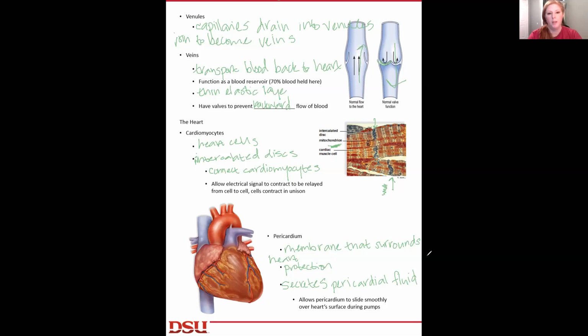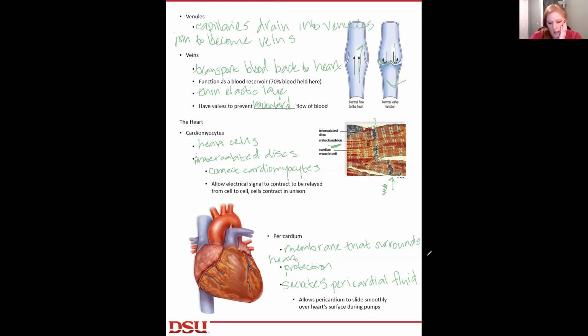As your heart beats, obviously it's going to expand, which is going to push against the pericardium, and over time, you know what friction does, it can rub a hole into it, which would be a bad thing. So the fluid that gets secreted by the pericardium helps to make sure that doesn't happen.